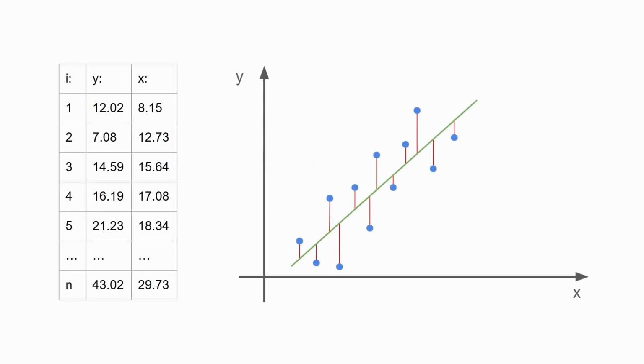When I mention distances, I actually mean the prediction error of the y value for each point, which we use to make the fit. In our two-dimensional case, the function we are looking for takes the form of a linear function, y equals a times x plus b.